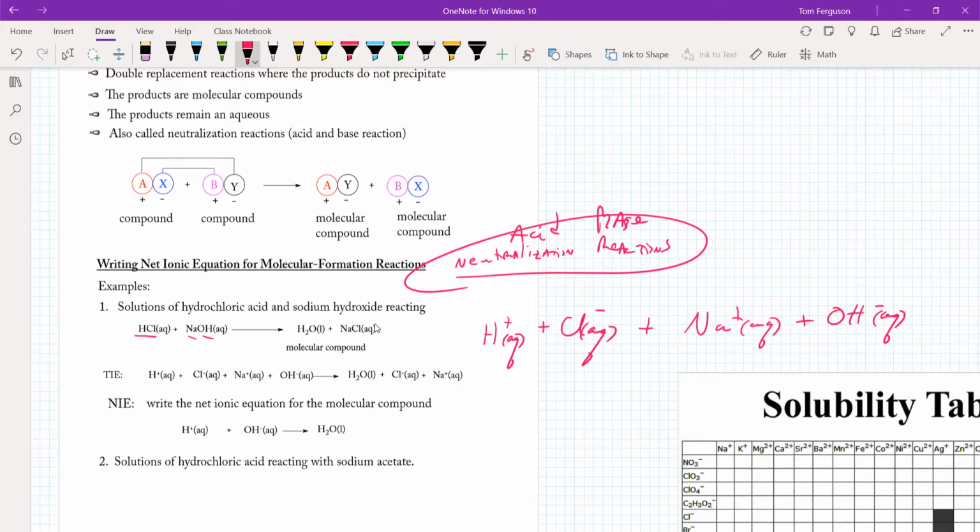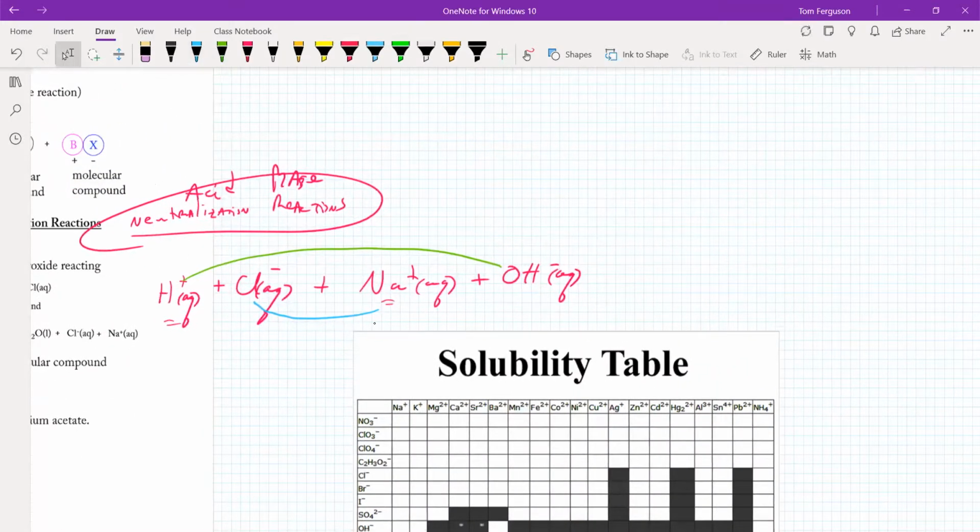That means the cations are going to exchange anions. So the H is going to exchange here, that place. And this is going to exchange here. We're going to exchange anions, okay? So what do we end up netting here?